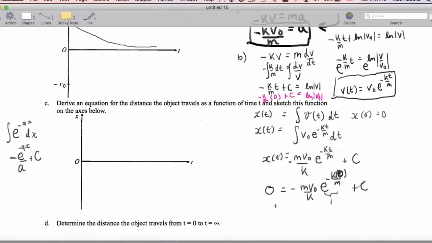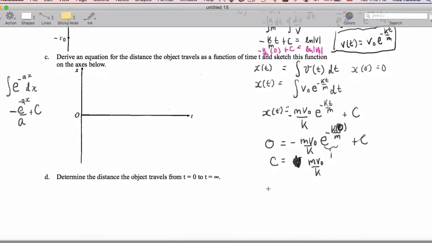So this gets us that c equals m v naught over k. Putting it all together, we're going to get that x of t equals m v naught over k times 1 minus e to the negative kt over m.